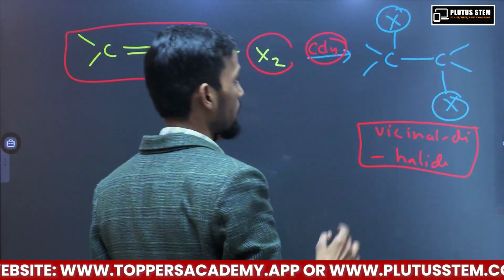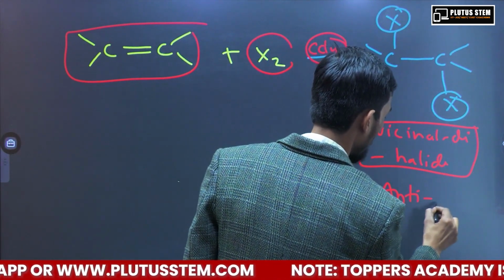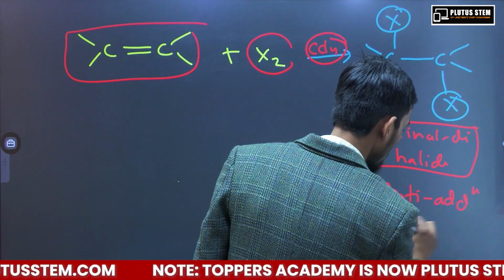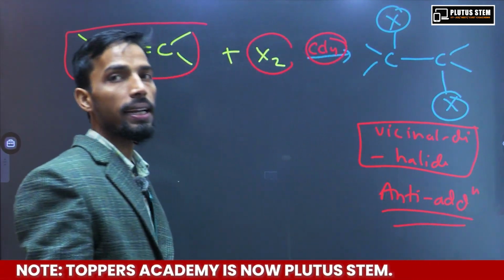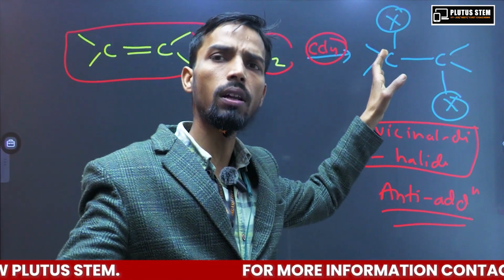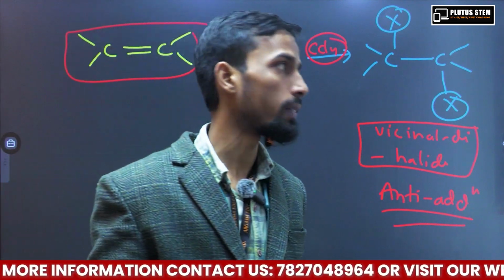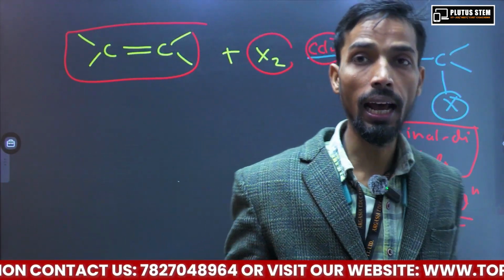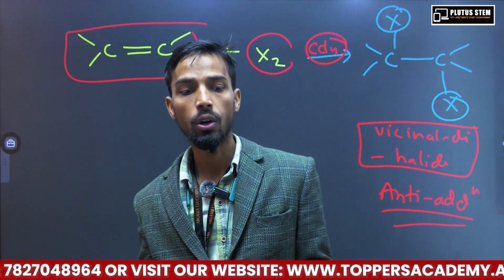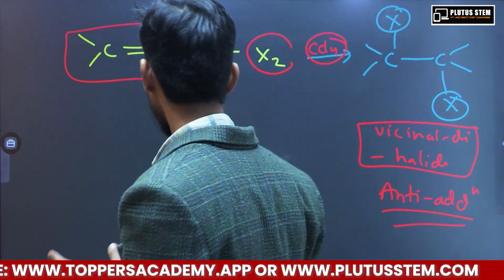One more quite important thing: this product is anti-addition. It is an anti-addition, which means if one X is on the upper side, the other X will be on the lower side. Why is this happening? Why do we have one X up and another X below? That we are going to see in today's class.